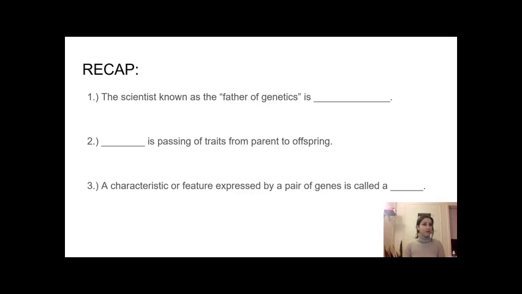Anyone? Exactly. Heredity is the passing of traits from parent to offspring. 3, a characteristic or feature expressed by a pair of genes is called, anybody? A trait. Those are our physical attributes. Those are characteristics. So trait and characteristic are kind of synonymous, so you can try to remember it that way.